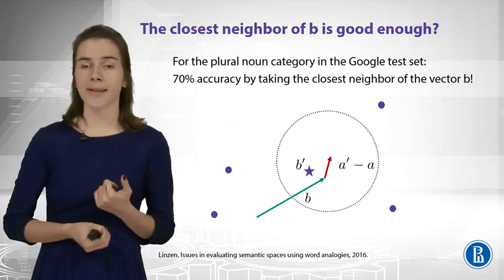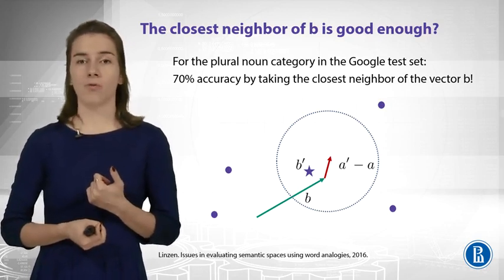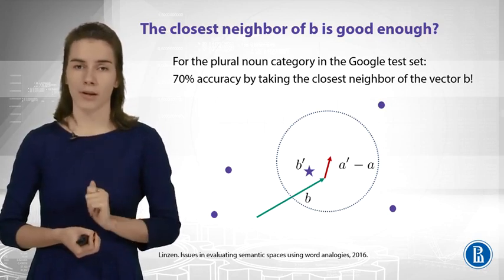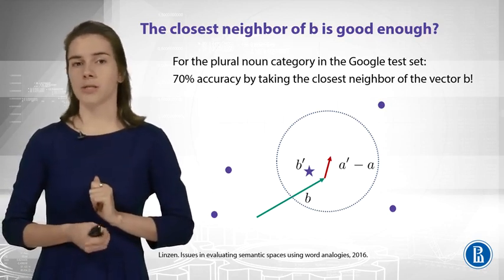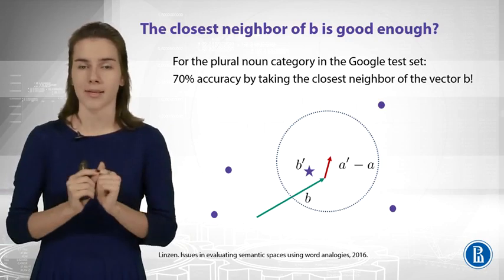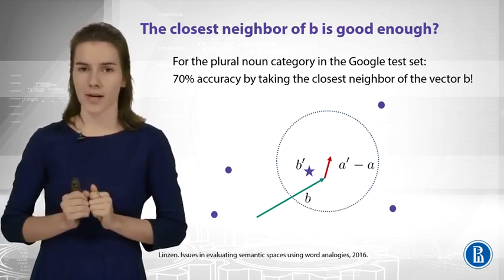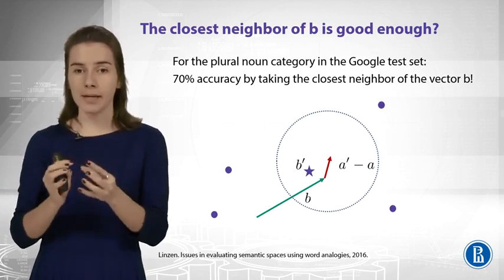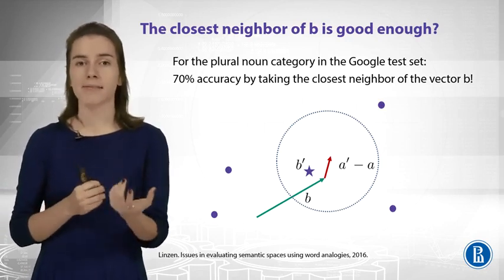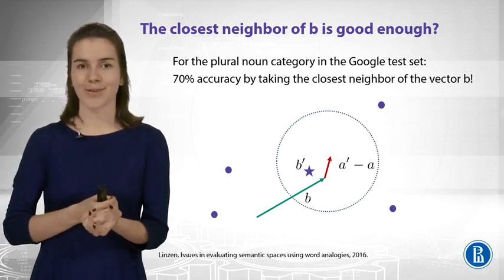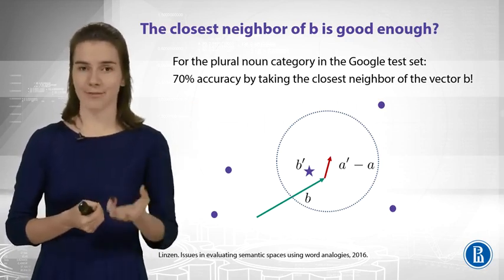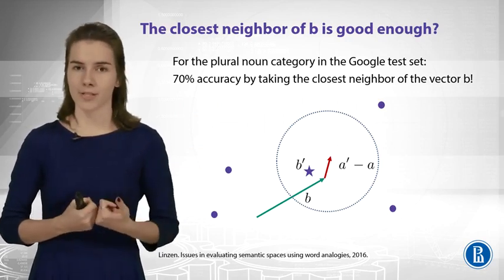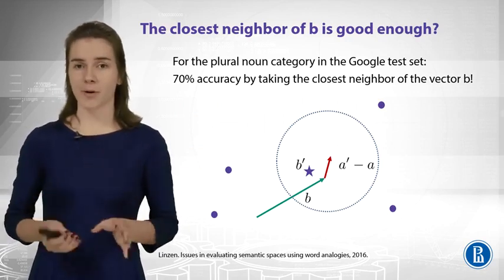Well, some people tried that, and they found that for one particular category of analogies, the plural category, which is apple to apples is the same as orange to oranges, just the strategy of taking the closest neighbor of B results in 70% accuracy. So you see, this is a really high accuracy, very similar to what we could see for Word2Vec in the previous videos, and just by a very dumb approach.